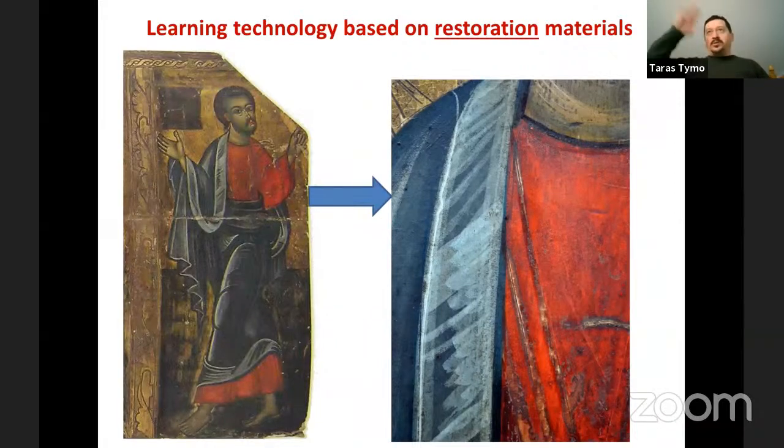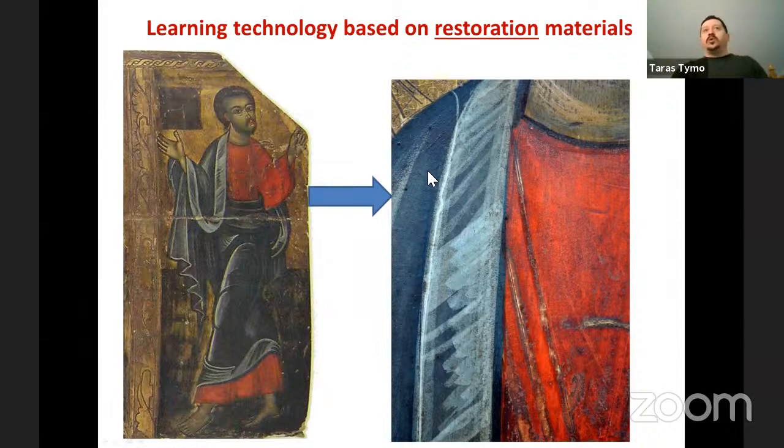If you are simply trying to imitate the surface right away, you will probably come up with a rather weak copy of what you are seeing on the picture. Even if you have a very good quality picture, it's not possible. So the restoration materials let you know what was underneath, layer by layer, and all the details of that. And I will show in a second some quite impressive examples of that.